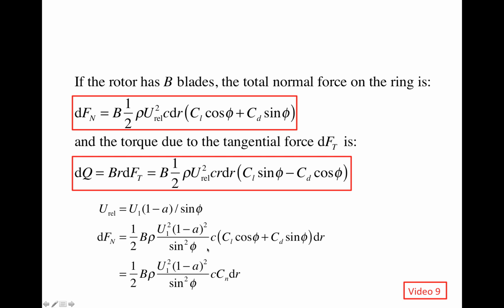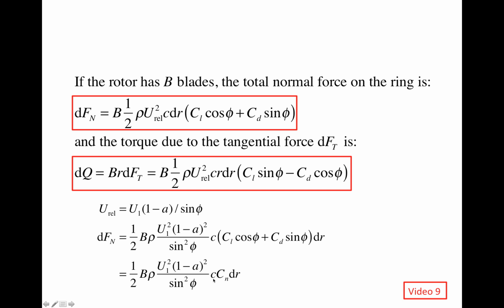We can do some simplification by replacing this very long expression with just one symbol, Cn, which we defined in video 9. Cn is just a shorthand representation of this very long thing.